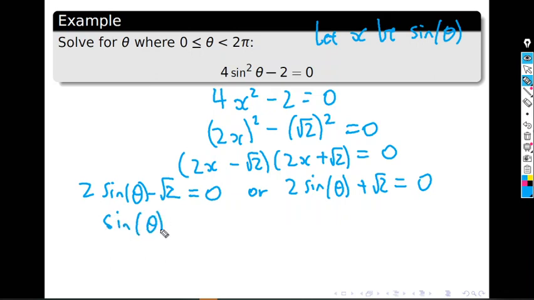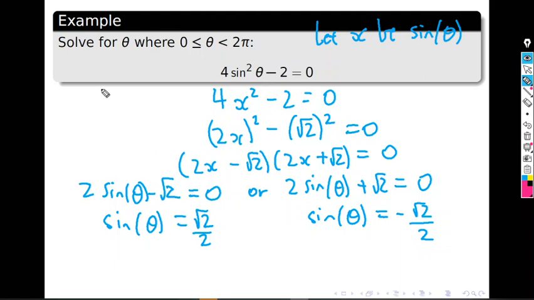Sine theta equals, I add that over, root 2 over 2. And here it's the same, but now I'm subtracting the root 2, so sine theta is equal to negative root 2 over 2. So now I have two trig equations that I can solve relatively easily.